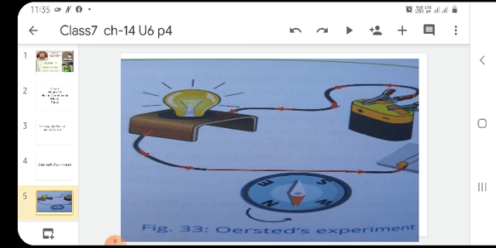We know that a compass needle is a tiny magnet and the presence of another magnet causes it to deflect. So, from these two observations, we can easily conclude that when an electric current passes through a wire, it behaves like a magnet. So, this is the magnetic effect of electric current.